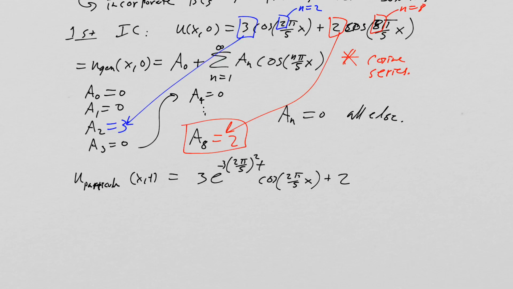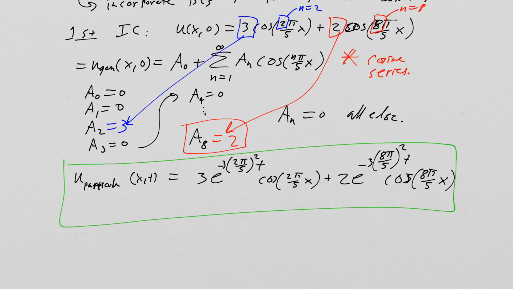And that's going to come from that a8 coefficient, e to the negative 3 times 8 times pi over 5 quantity squared times t times cosine of 8 pi over 5 x. So that is our answer to the problem involving the first initial condition.